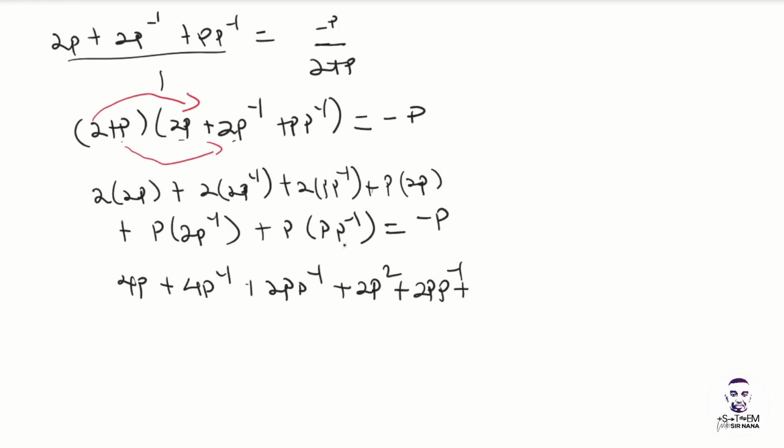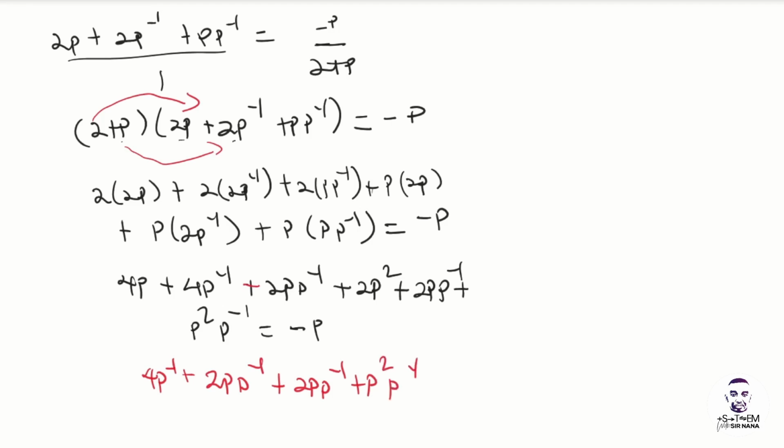Then the last one, P multiplied by P inverse will give us P squared P inverse is equal to minus P. So now that we have this, we can actually factorize all the inverses out. So we have 4P inverse, right, plus 2P inverse plus 2P inverse plus P squared P inverse, right?